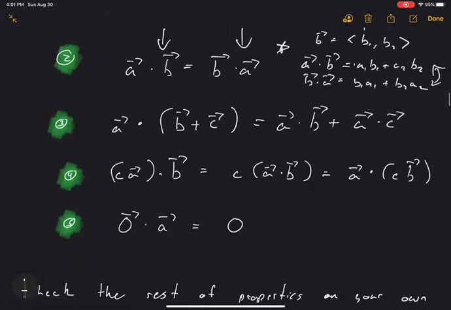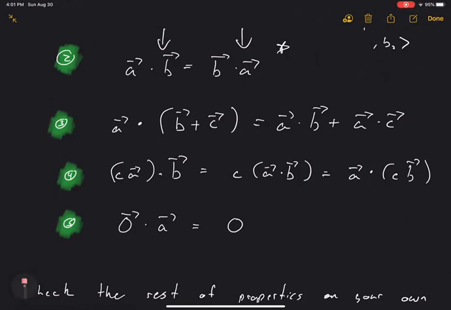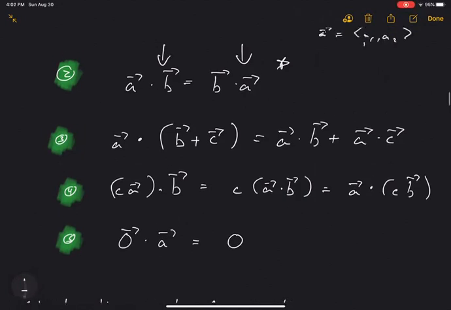And again, these are analogous to properties we see with arithmetic in R, right? When we're talking about addition and multiplication, we could phrase this as saying multiplication distributes over addition, meaning, let's say I have a number x, and then I add y and z together, and I multiply by x.